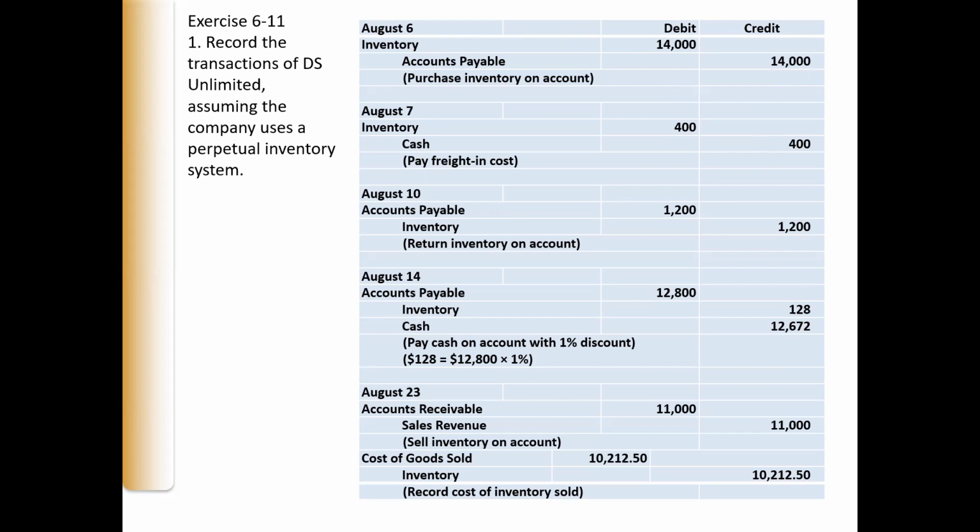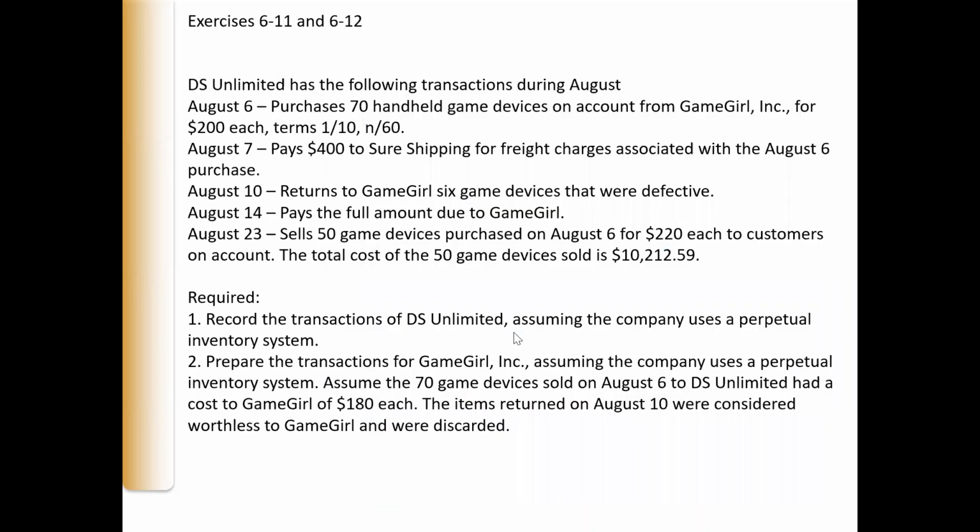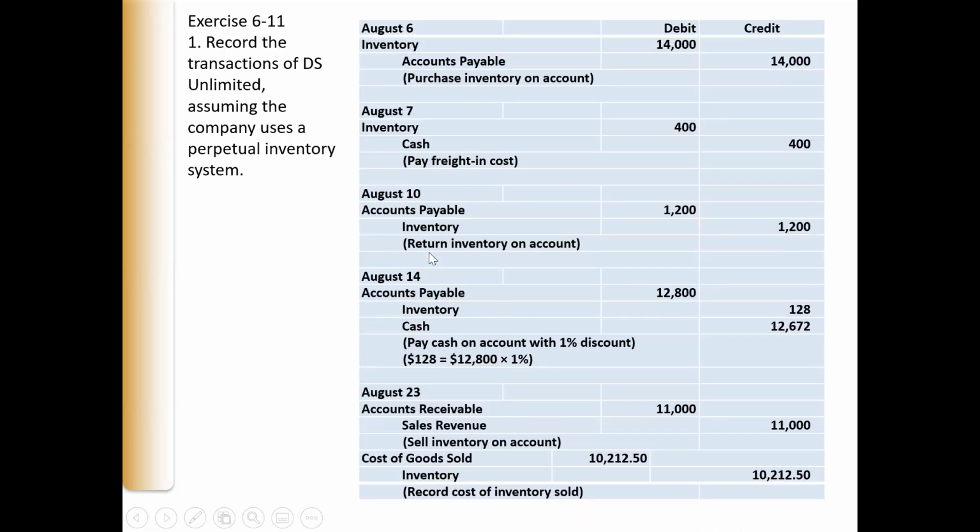When we pay the freight with cash, we're debiting inventory and crediting cash. Then it says we returned some goods. We returned 6 game devices that were defective. We're going to debit accounts payable for $1,200 and credit our inventory for $1,200.